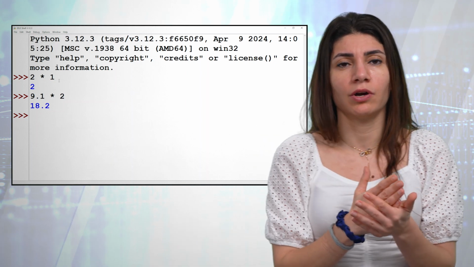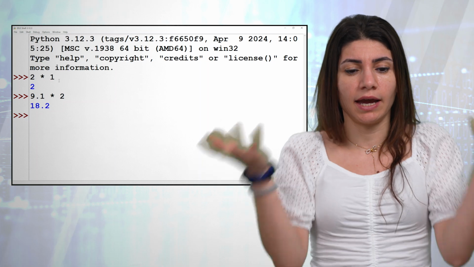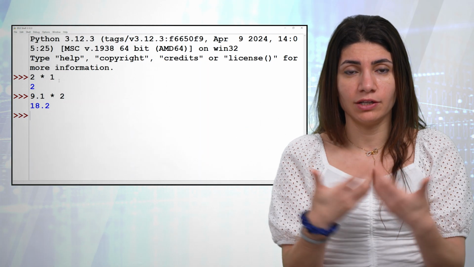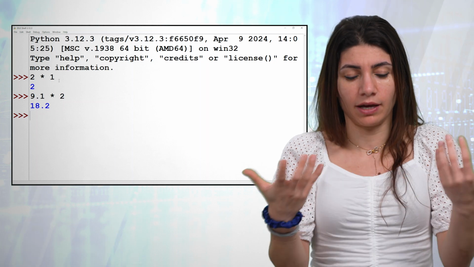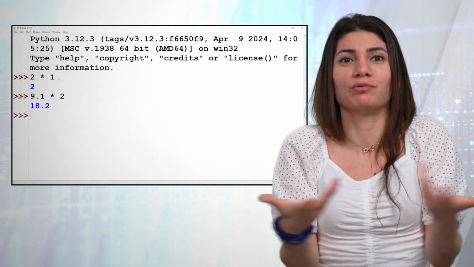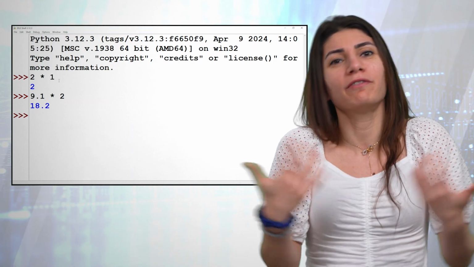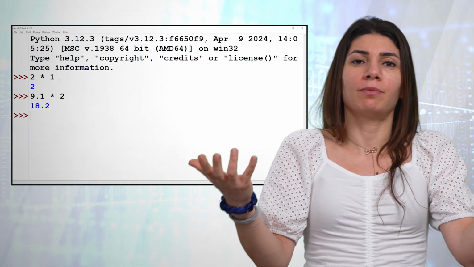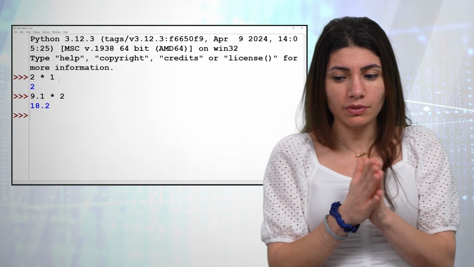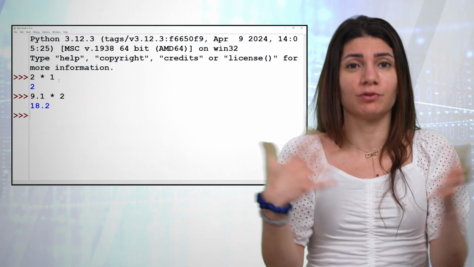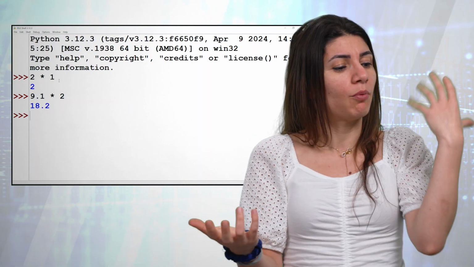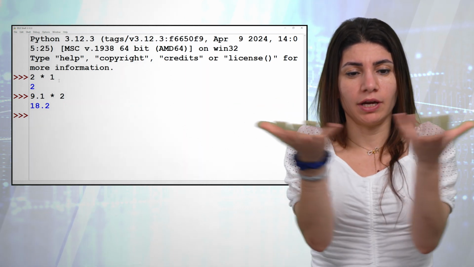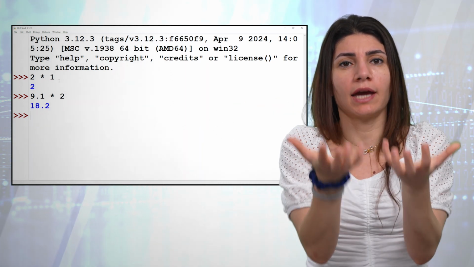With the plus sign, what it does is add two values to each other. When those two values are numeric, it adds them mathematically, and you get the result of adding those two numbers. If you have 2 apples and you add 1 more apple, you get 3 apples. When it comes to other data types, for instance the string data type, if I have one string and another string and I want to add them to each other, it concatenates them.